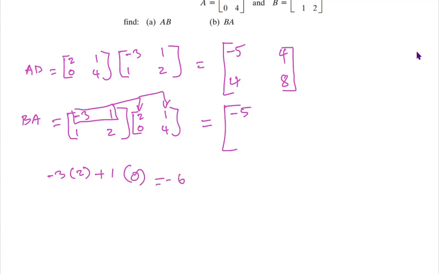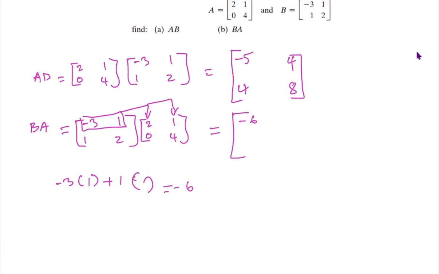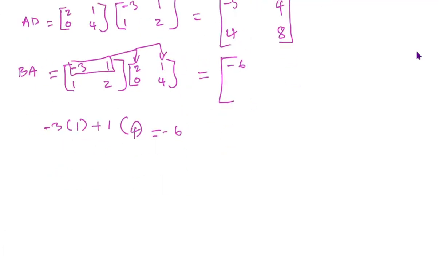That's negative 6. Now let's work with the second row: negative 3 times 1 and then 1 times 4. So negative 3 plus 4, that's 1.